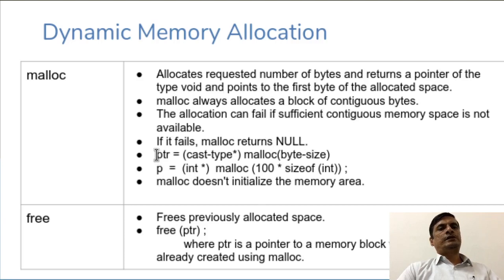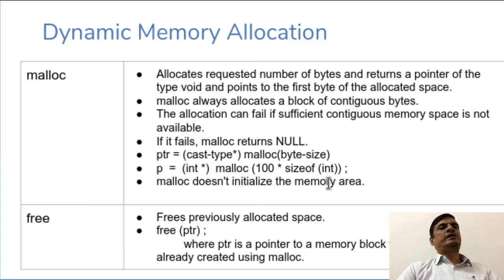Here the example: p is a pointer variable which gets allotted 100 into, say, if an integer occupies 4 bytes, 100 into 4, 400 bytes of data allotted by malloc, and it is cast into an integer type pointer because p is of the type integer. If p is of the type float, then you must cast it to float. Malloc does not initialize the memory area.